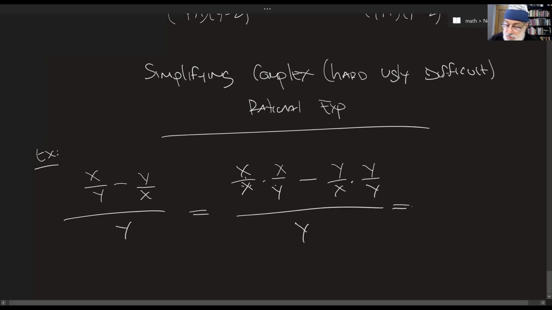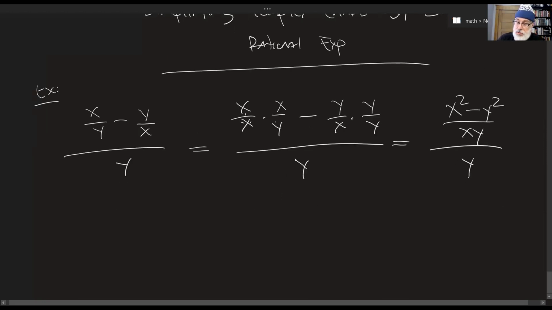Now the common denominator is xy, so I'm going to write that as xy, and then we have x times x, which is x squared, minus y times y, which is y squared, divided by y. Not too bad. Still ugly.